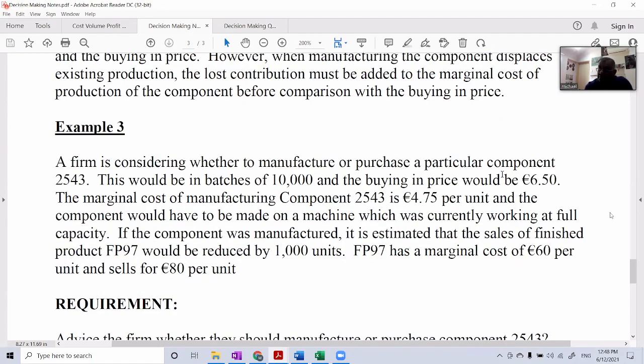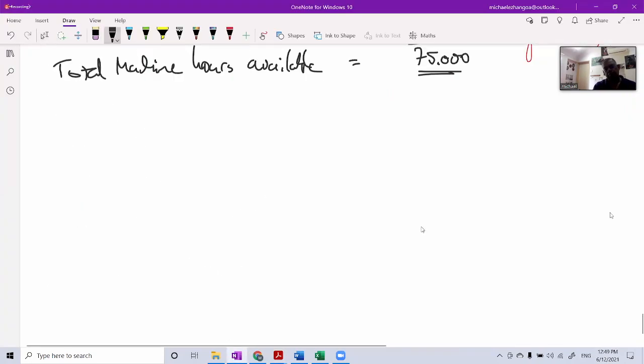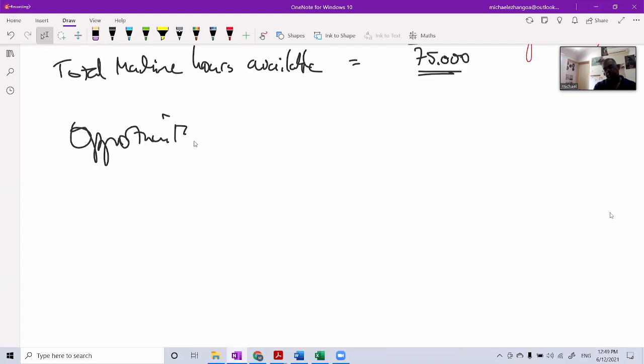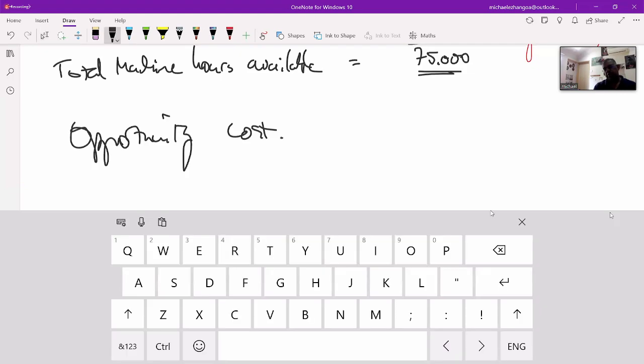Yes, sometimes there could be an opportunity cost. If I make this component, the production capacity, you need to pull it away from another product that earns a contribution. So that's an opportunity cost. Don't forget, in decision making, this term opportunity cost is an important term.